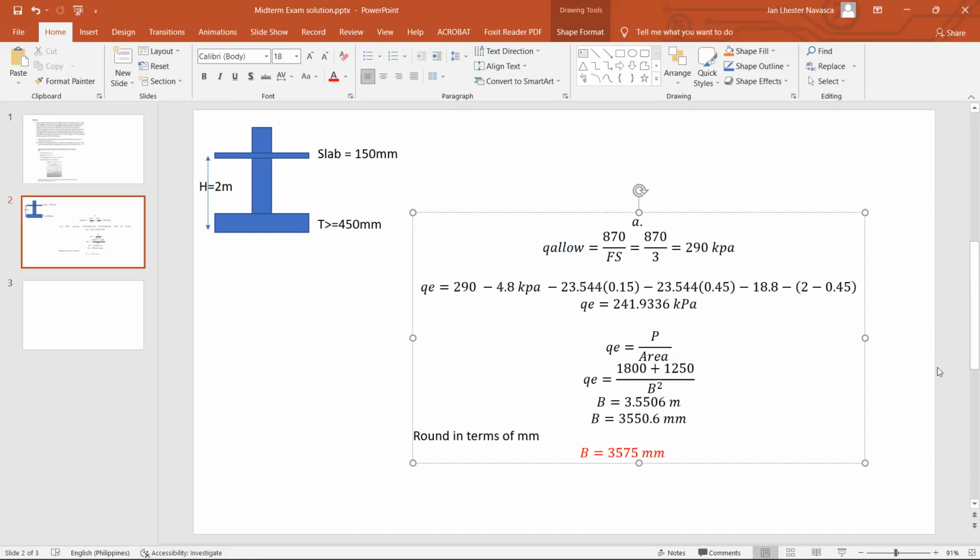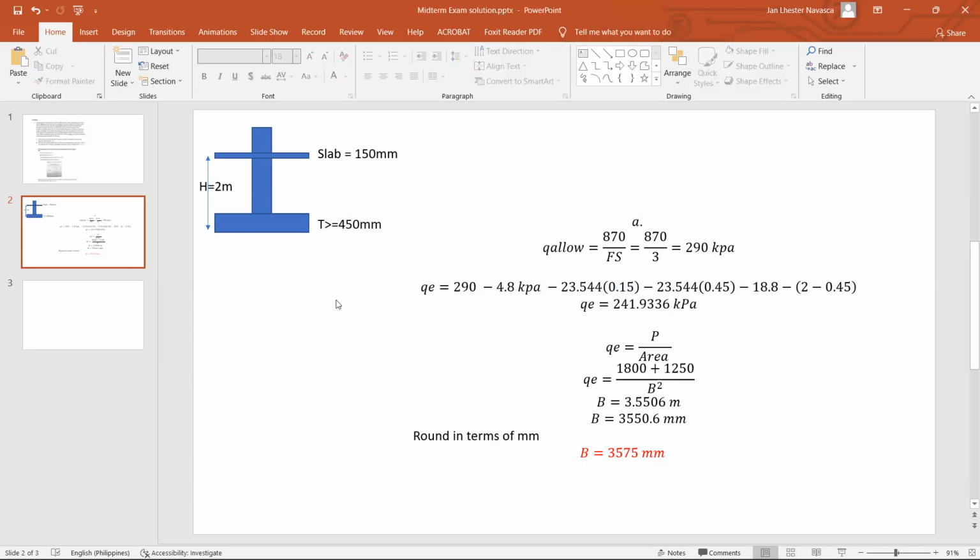So allowable soil bearing capacity minus the surcharge load, minus the pressure due to the slab at the basement. So that is 0.15 times 23.544. Minus the thickness of the footing. This time, we will use the minimum thickness of the footing first, 450 millimeters, to design our foundation.